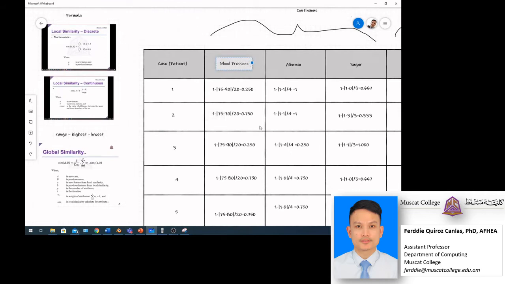So let me just write in here, weight is 1. Same with albumin, we'll write in here weight is also 1, because nothing was stated in the problem. So sugar weight is also 1.